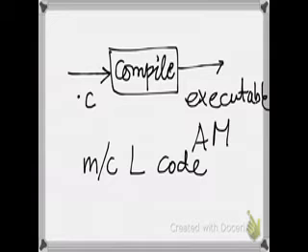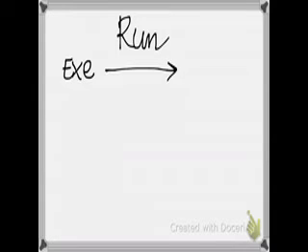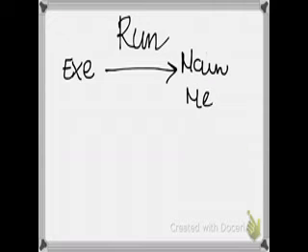So now the next step is you want to run the program or you want to execute the program. So when you want to execute the program, the exe file or the executable file has to be loaded into main memory. So you have to load this program into main memory.